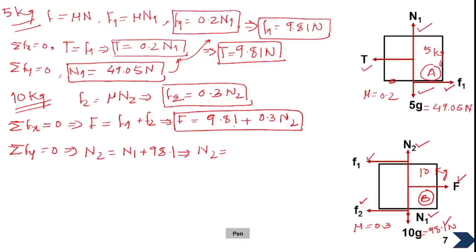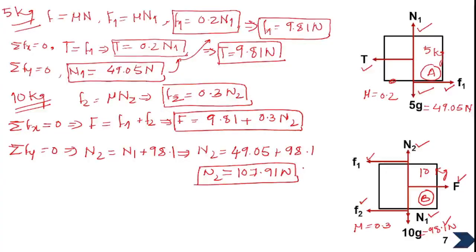So if we add these two, we will get the value of N2. The value of N2 will be 107.91 Newton.